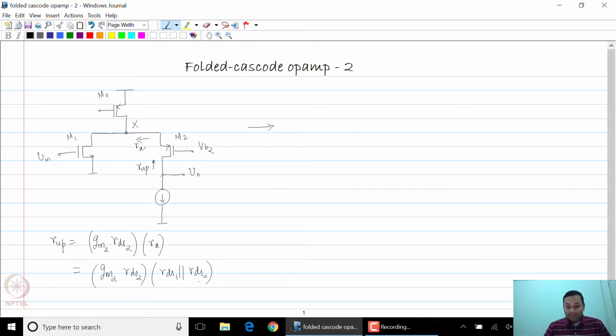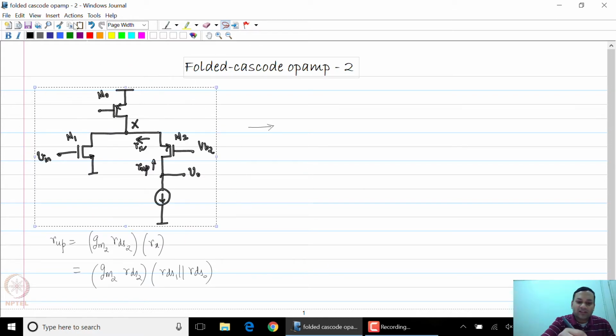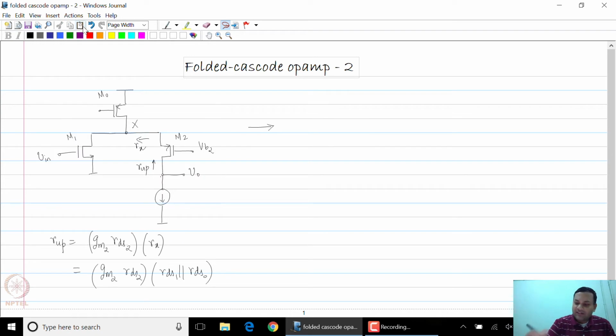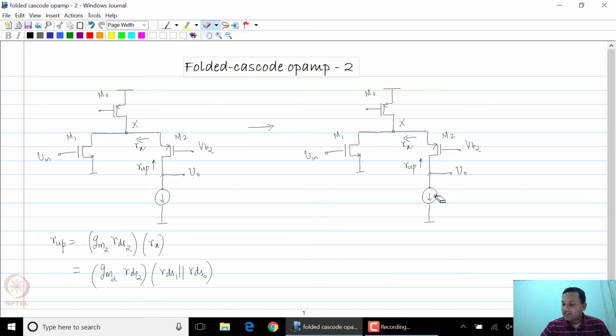So this is of course quite high. We now want to use an ideal current source here, but we know we can't do that. So let us first try to replace that with a transistor, an NMOS transistor, because this is a current flowing downwards. The first thing we'll try is to replace it with some VB at its gate such that it carries some current.